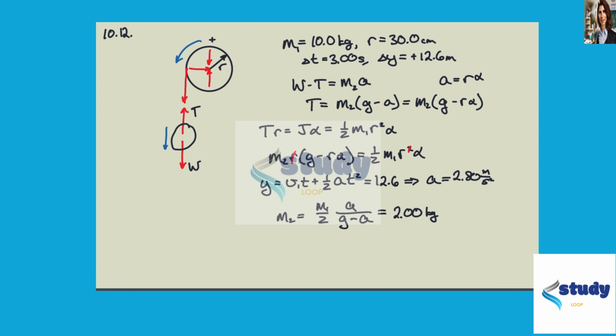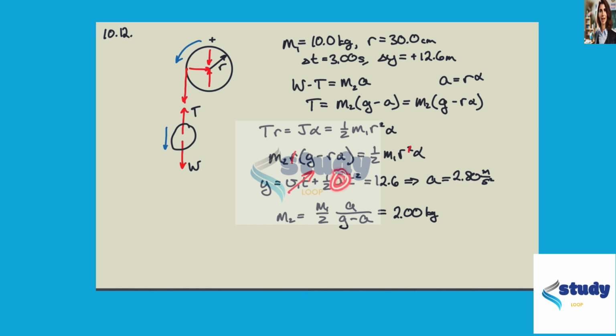Now we're told that it went 12.6 meters in the first 3 seconds, and it started from rest, so the initial velocity is 0.